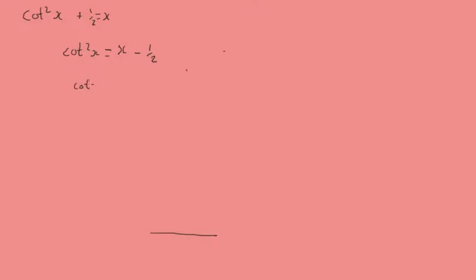So cot x equals the square root of x minus a half. Now we know cot is the inverse of tan, which is, now we can rearrange what's in here to be 2x minus 1 over 2.